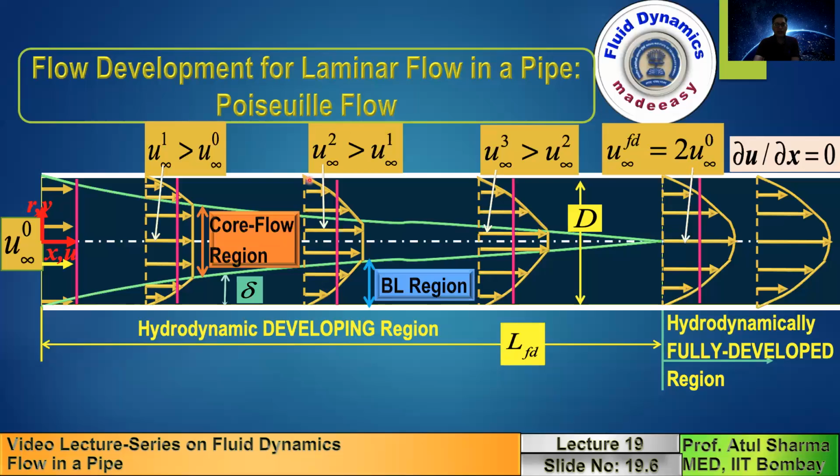So there is a viscous force which acts. This viscous resistance also causes a decrease in the pressure along the flow direction. So when the fluid flows in a pipe, a pressure drop occurs.